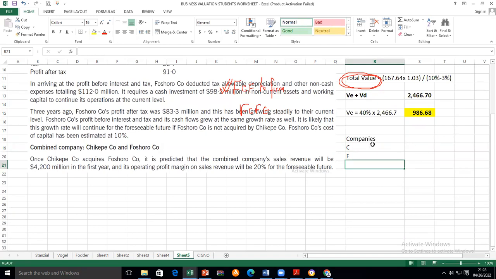Okay, I was stuck there. So the value of F on its own, you have raised a good point there. What of C? If you remember at the beginning of this question, they gave you that value.